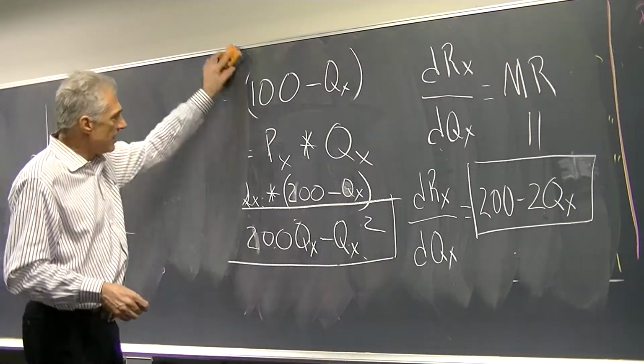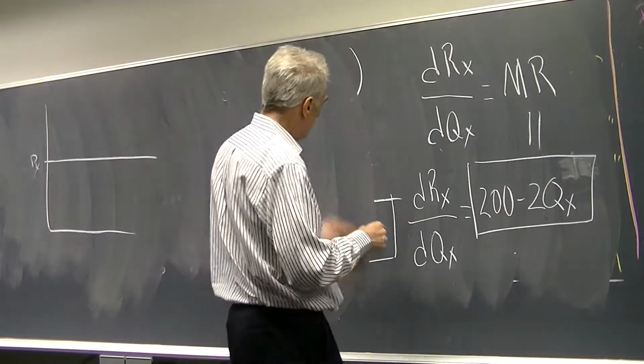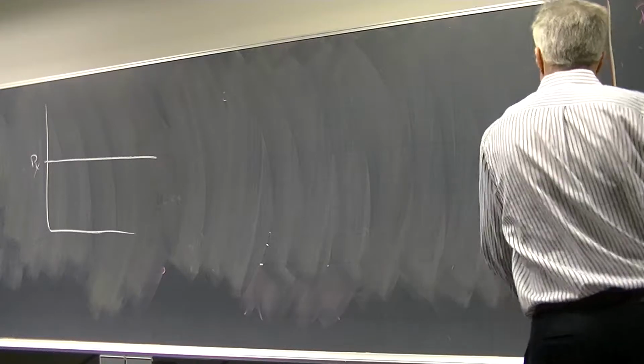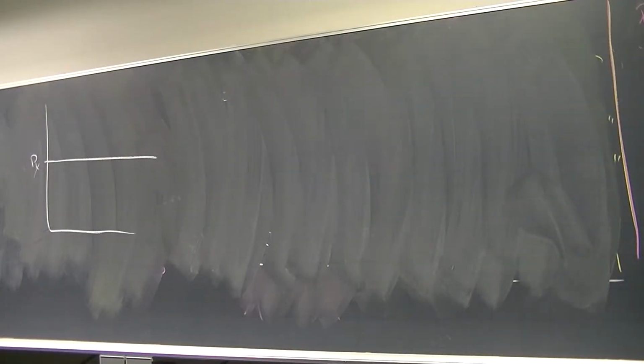Just to make it simple, let's say there's one firm in that segment. It's still monopolistic competition because more firms could enter that space and squeeze it.